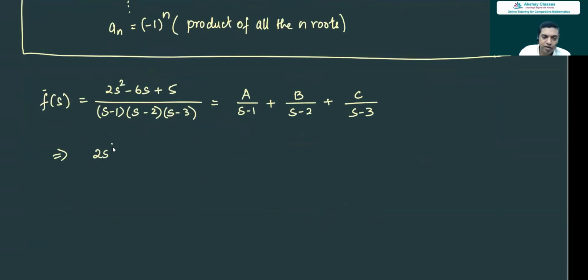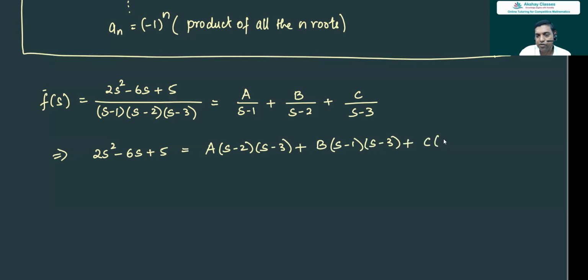So equating the numerators now, if you bring it to the common denominator, the numerator will be a into s minus 2 into s minus 3 plus b into s minus 1 into s minus 3 plus c into s minus 1 into s minus 2.